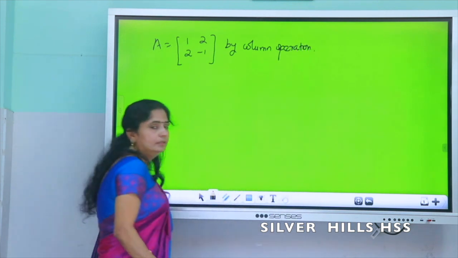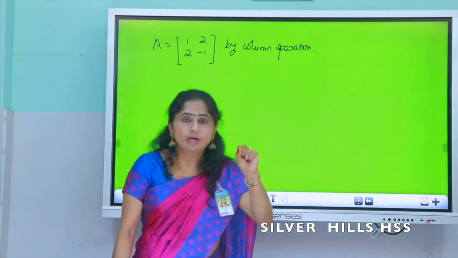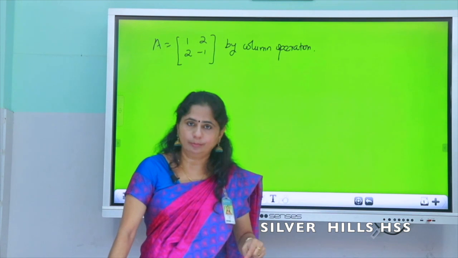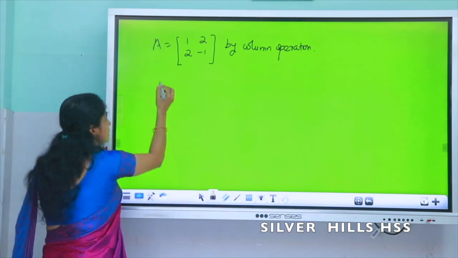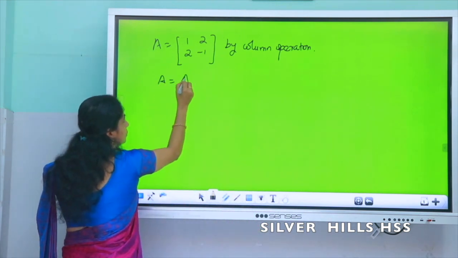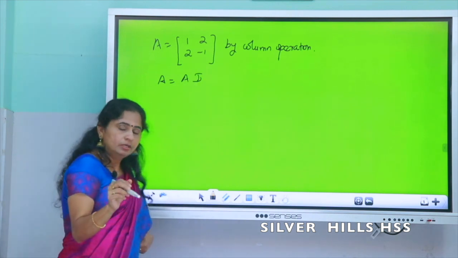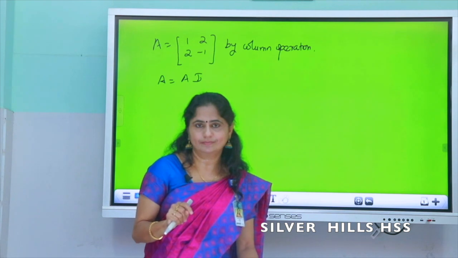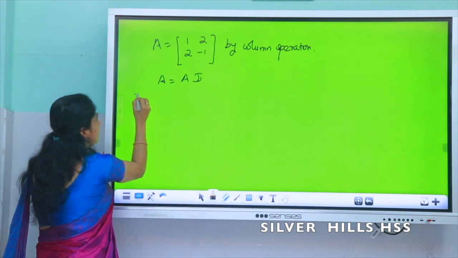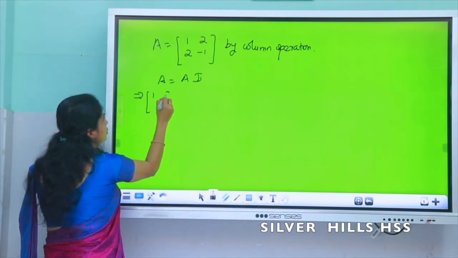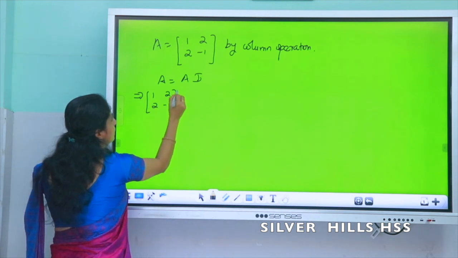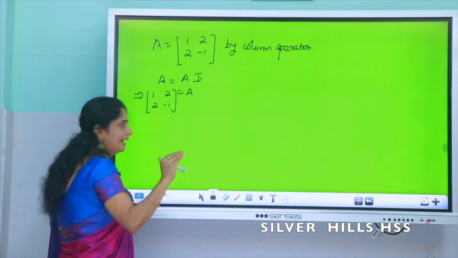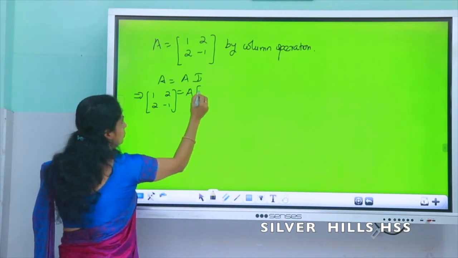The minute you see the word column operation, the starting step should be A is equal to AI, because column operation should be done only on the second matrix. So let's replace A now: 1, 2, 2, minus 1. This A will not be affected at all. So let it remain as it is. No need to replace the values.